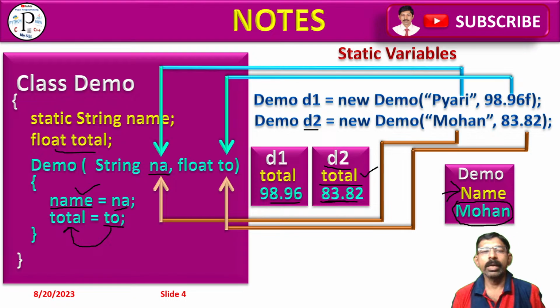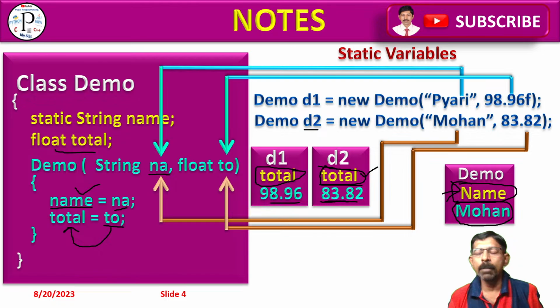Second object understood. So now we will move to Java to justify this point, that a static variable has a common copy and non-static variables have different copies. Because of the different copies, they have different values.